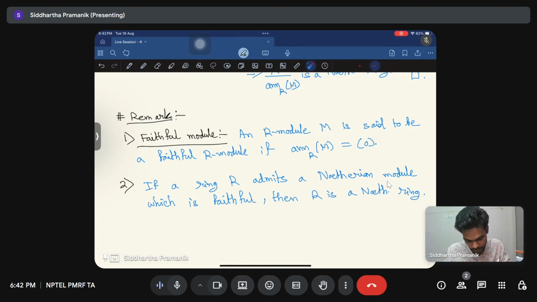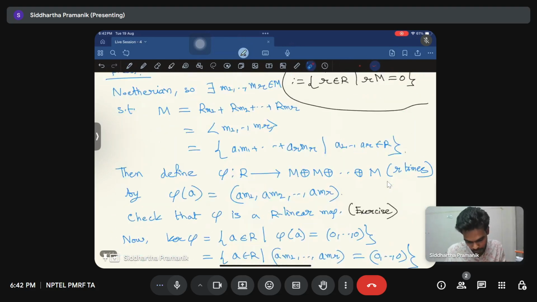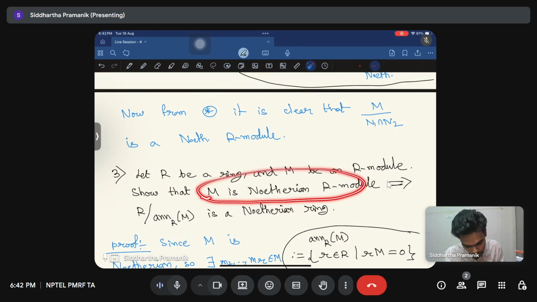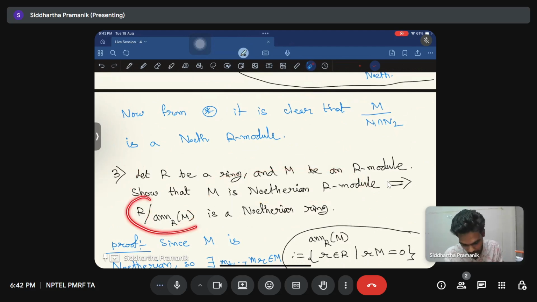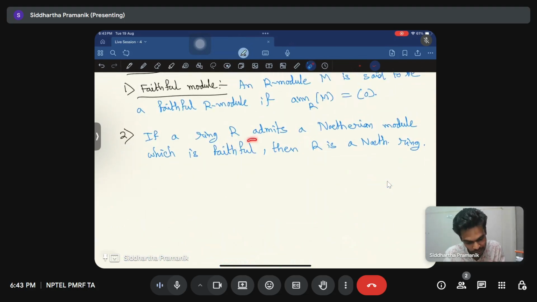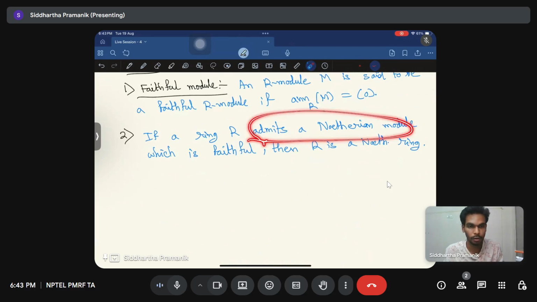How is this following? Suppose you have a ring R and a Noetherian R module that is faithful, which means its annihilator is 0. So from this exercise we can say that R mod annihilator M, which is R mod 0, which is R, is itself a Noetherian ring. So a ring which admits a Noetherian faithful module has to be Noetherian.